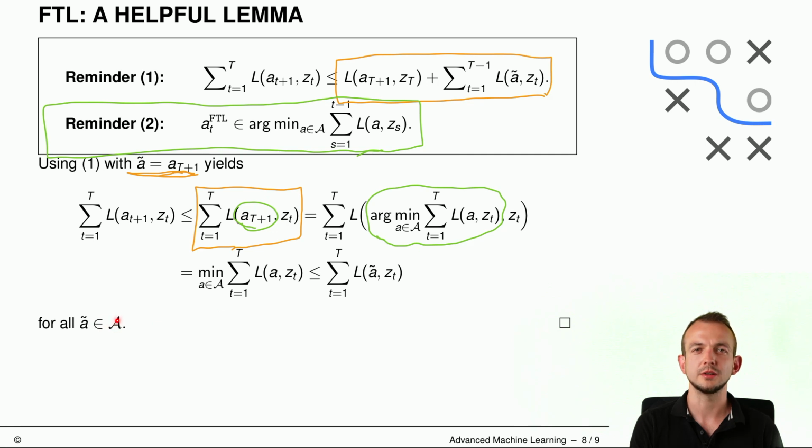So we can plug in any A tilde we want, and this inequality stays true. And this is all we wanted to show: the cumulative loss of this cheater version, the one-step-look-ahead version, is smaller than or equal to the cumulative loss of any competing action.